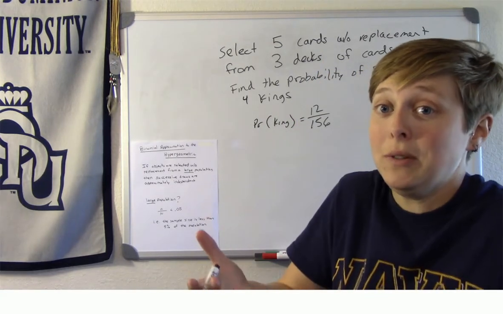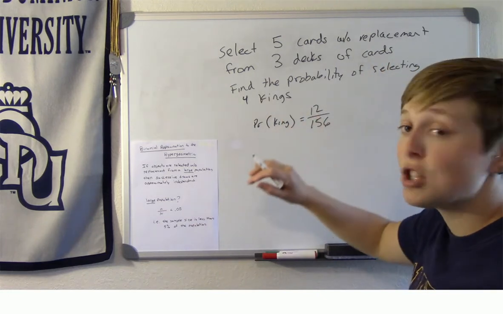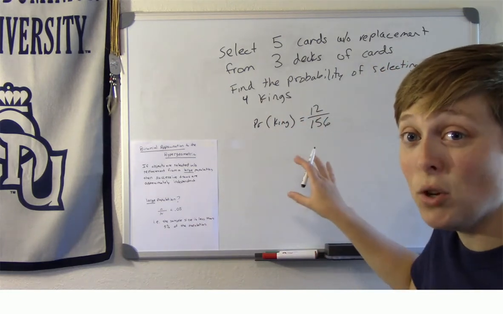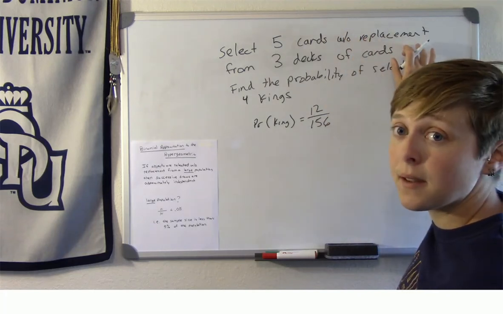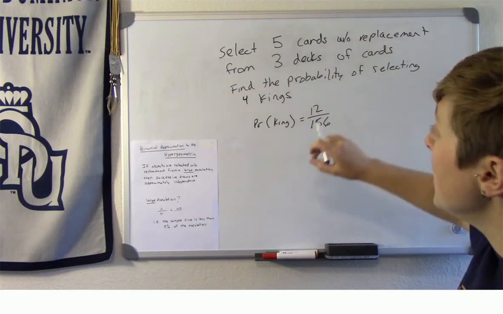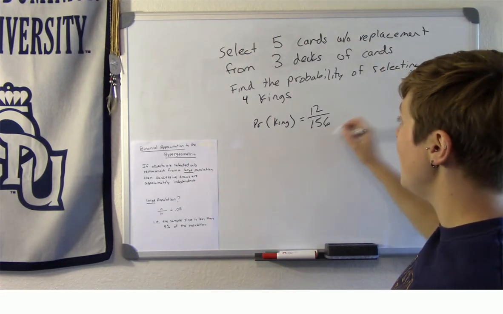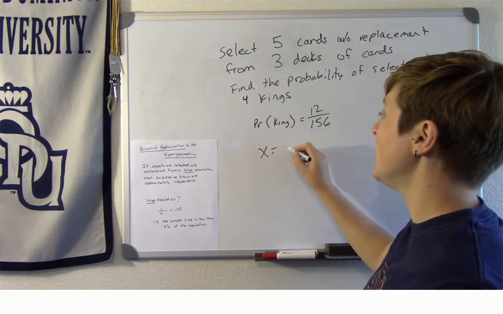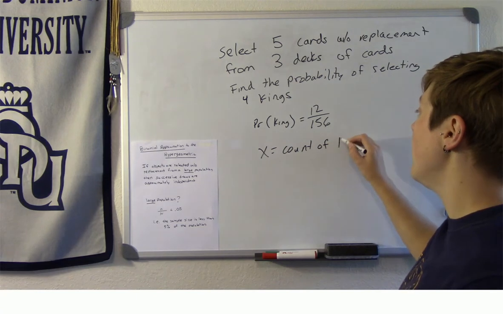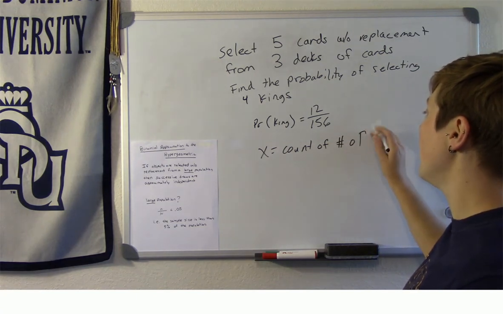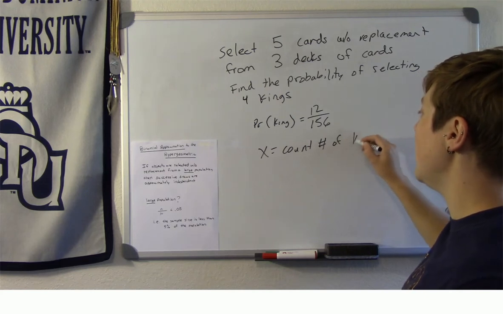Okay, so let's talk about how to use it. Even though this is a hypergeometric distribution, we're going to pretend it's a binomial distribution, pretending there was replacement even though there wasn't. Remember, in a binomial distribution, x is the count of the number of successes, so the count of the number of kings.